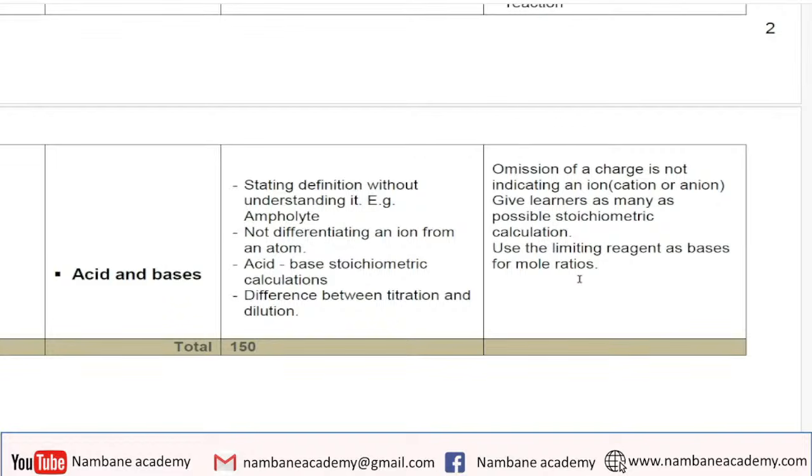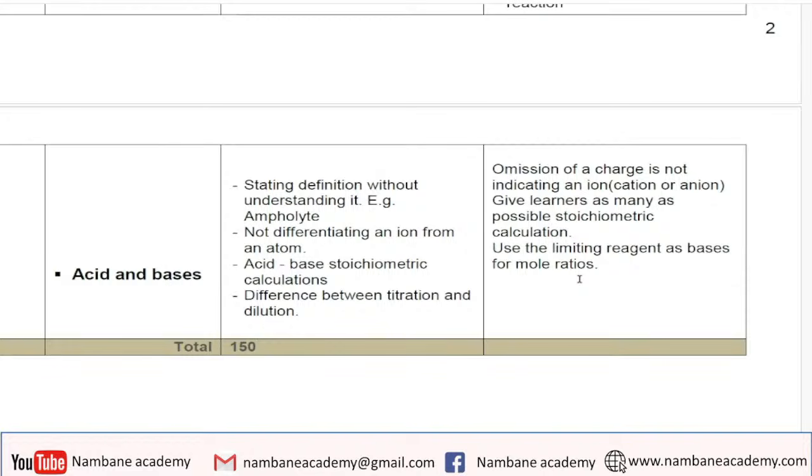In that case, the concentration of hydronium will be 10 to the power negative pH, if you rearrange using the logarithm rules. So those are some of the things that you must be aware of.